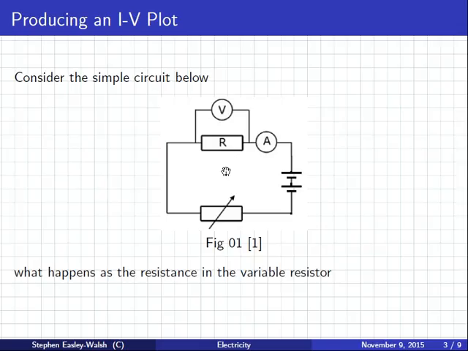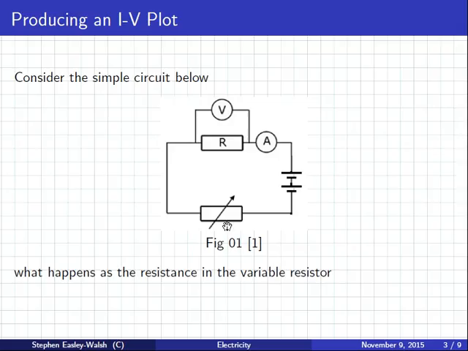I is always the same in series. So we're agreed the I is the same. The R's are different because you can change this one. So the voltages are of course different because they're in series. But they must add up to 12.